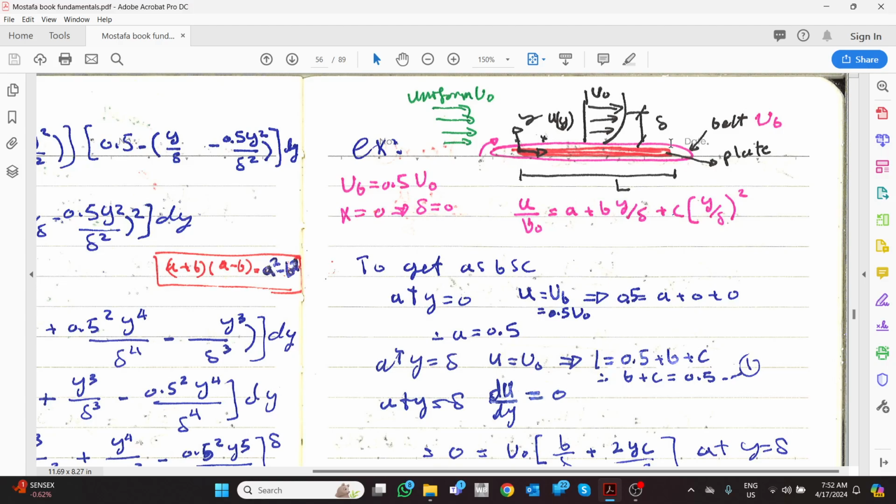So the belt is rotating with a velocity of ub, and the uniform flow is u naught, and they define to you that ub of the belt is equal to half of u naught.